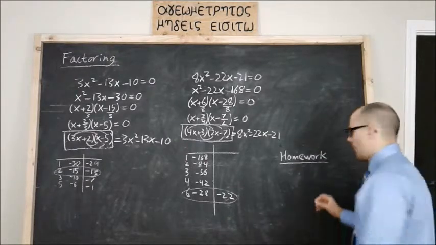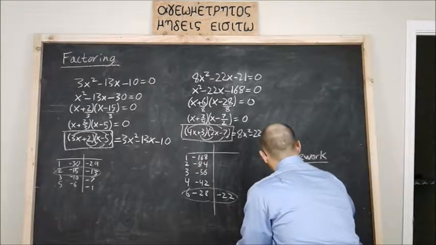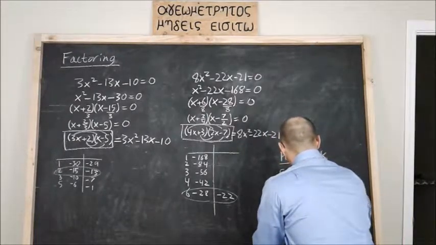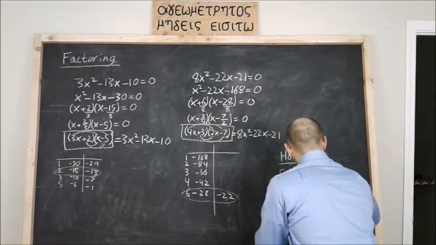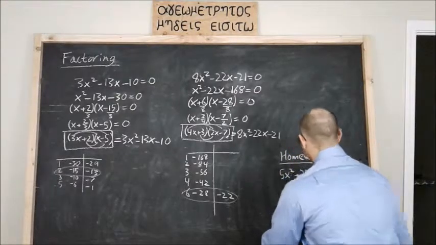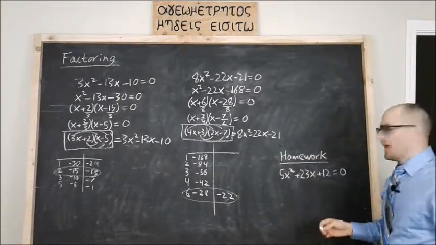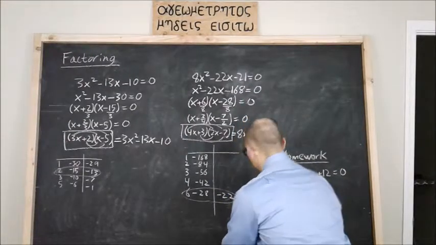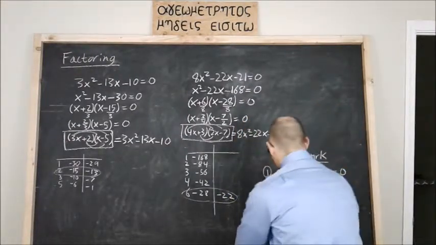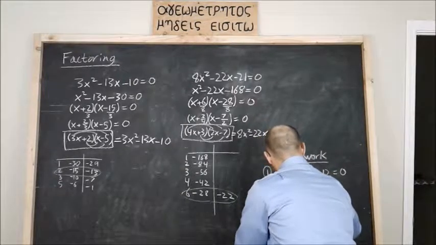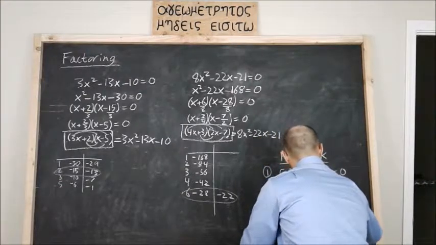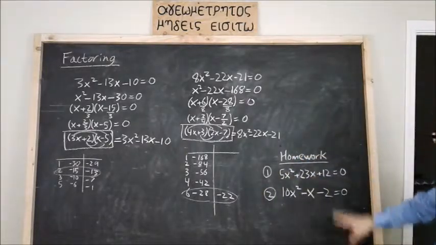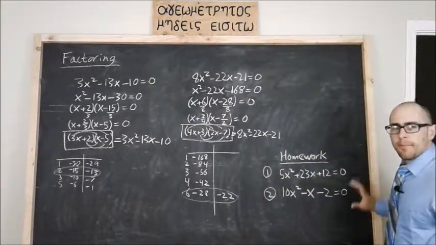We're going to have 5x squared plus 23x plus 12 equal to 0. That's going to be number 1. Number 2, we're going to have 10x squared minus x minus 2 is equal to 0. So go ahead, give these a try.